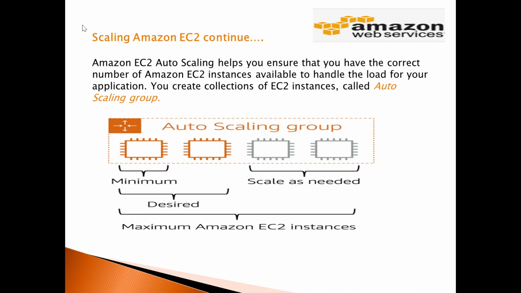The third configuration that you can set in an auto scaling group is the maximum capacity. For example, you might configure the auto scaling group to scale out in response to increased demand, but only to a maximum of 4 Amazon EC2 instances. Because Amazon EC2 auto scaling uses Amazon EC2 instances, you pay only for the instances you use, when you use them.